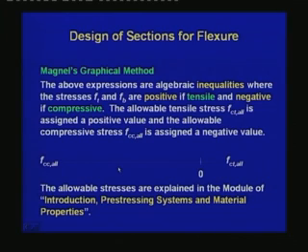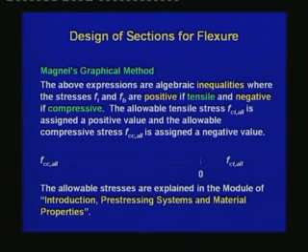The allowable stresses were explained in the module of Introduction, Prestressing Systems and Material Properties. Here we are not going into that again, but let us just remember that we do have allowable stresses at transfer and at service.